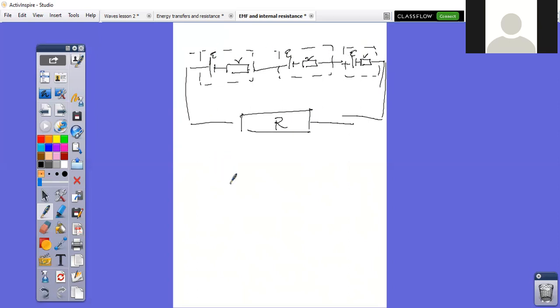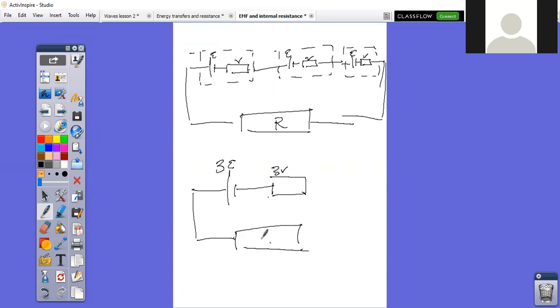So the equivalent of this would be the same as me drawing a cell with 3 times the EMF and 3 times the value of the internal resistance connected to a resistor R. Okay, so we can redraw this and draw it like that. Are you okay with that?